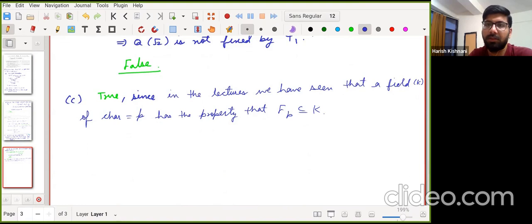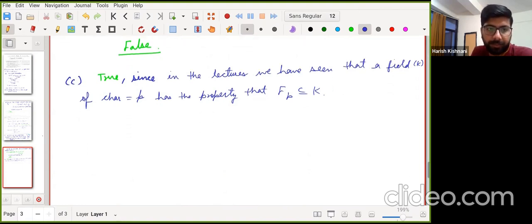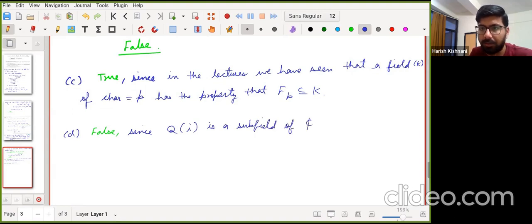Let us see why this is false. First of all, this is false since this field Q of i is a subfield of C, but Q of i does not contain R, right?